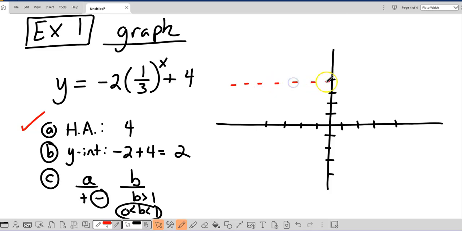I'll make it dotted though, because technically you can't see a horizontal asymptote. It's an invisible barrier that your graph cannot cross. Next, we'll do our y-intercept. That's where the graph will touch the y-axis. We decided it was going to cross at 2. So that's right there.